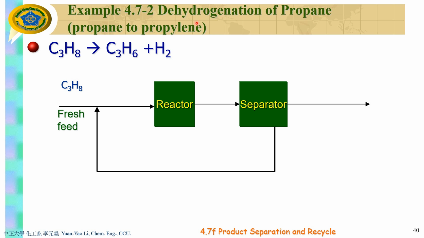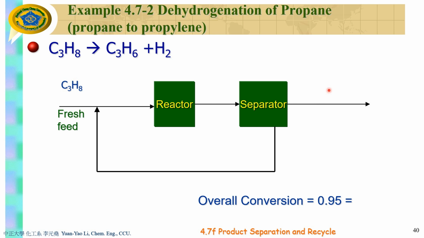Let's write down what we learned from the textbook. Please take a look at the slide with me. As we know, the overall conversion rate is 95%. That means if 100 moles of propane go into this reactor, 5% propane will come out, right?